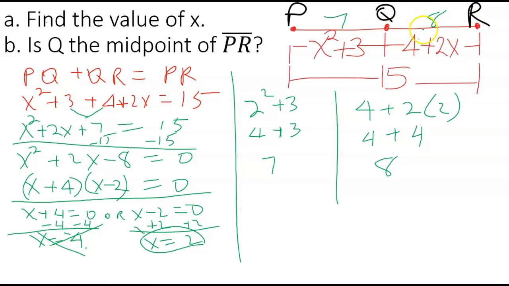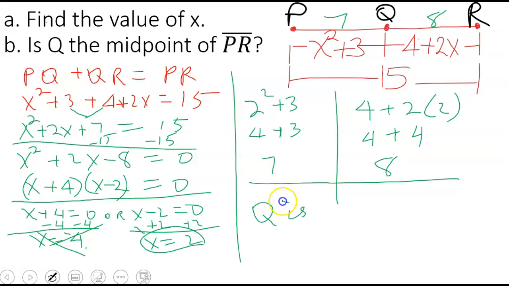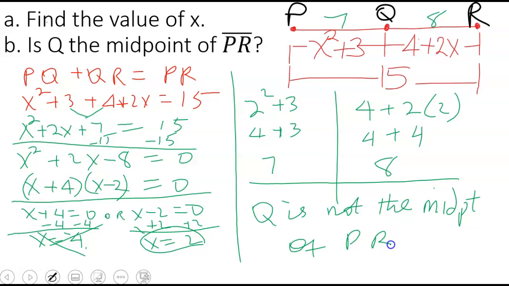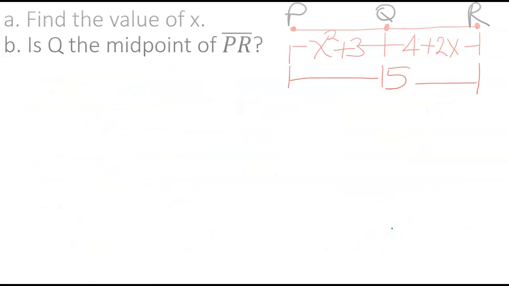So they are not congruent. Again, we don't assume from the way they look. They are not congruent. Therefore, Q is not the midpoint of segment PR.